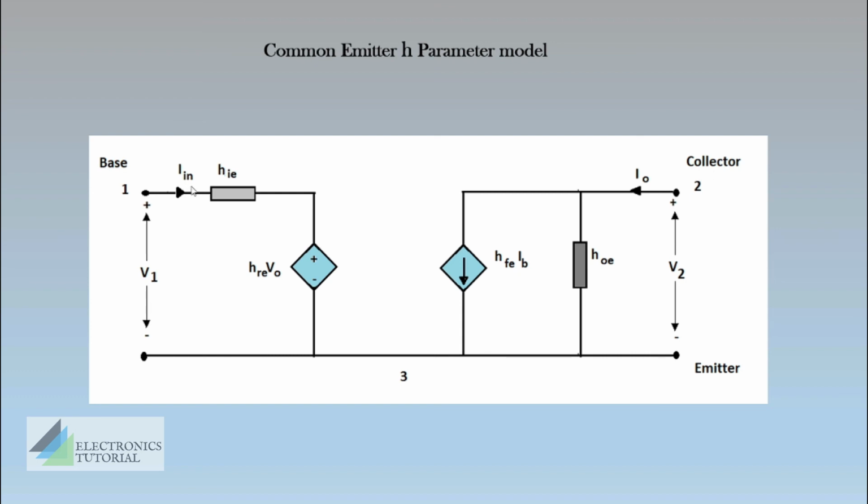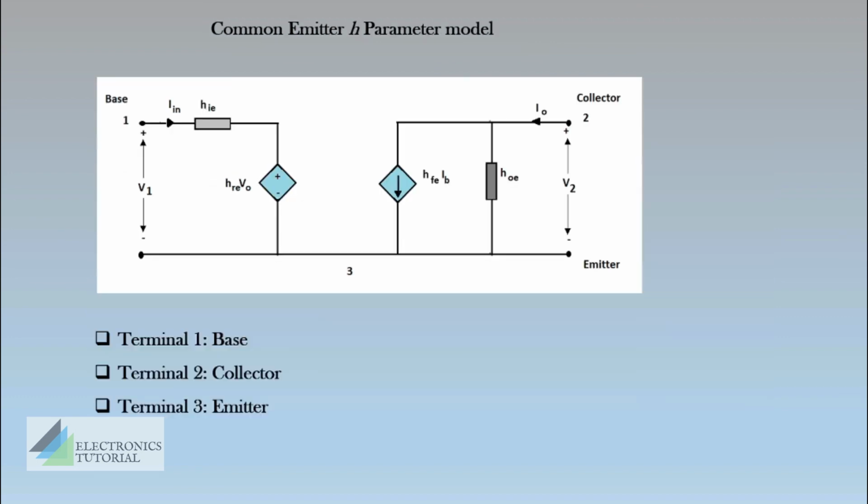The current is named here as I in, representing input current, and the output current as IO. If we are asked to draw a common emitter H parameter model, we can draw a standard H parameter model and then label each part. Each terminal has been named. Currents can be mentioned as input current or base current, output current or collector current.